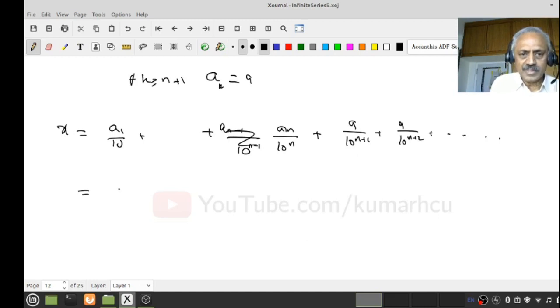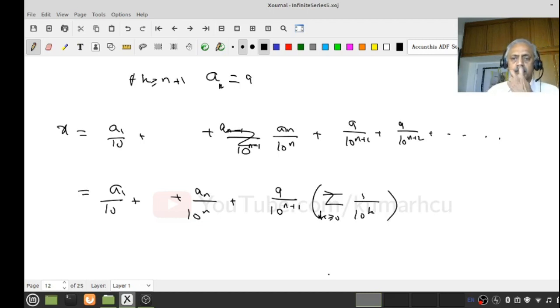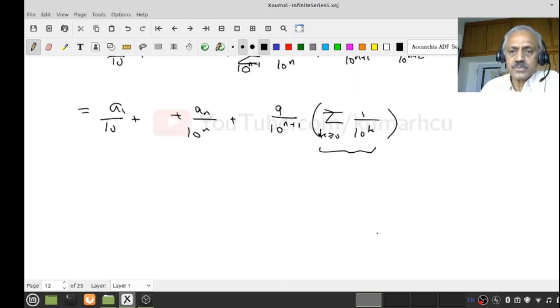Now you know what is going to happen, right? You can take 9/10 to the power n+1 outside, then this is going to be the sum of 1/10 to the power k for k greater than or equal to 0. You agree with that? But this is a geometric series. Where does it converge to?